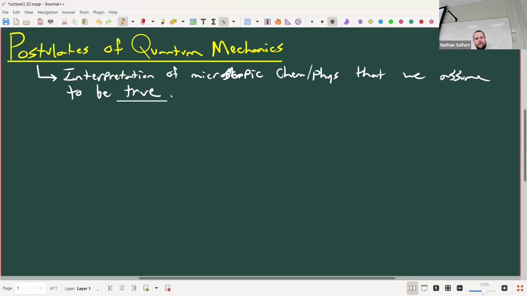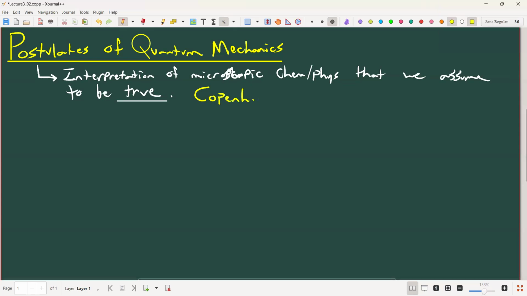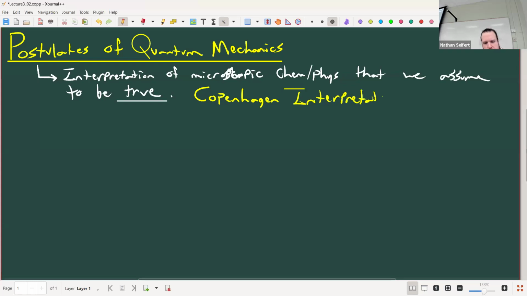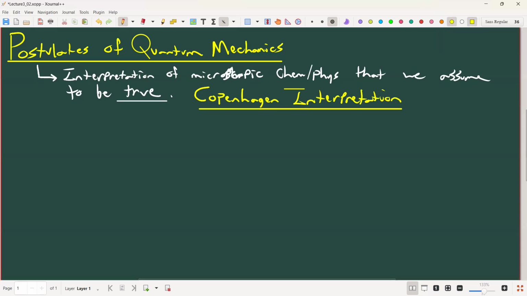So let's talk about these postulates. And so this interpretation has a special name. In fact, there's a famous play about this interpretation called Copenhagen. It's called the Copenhagen interpretation. And it's named this because a bunch of scientists came together in 1927.